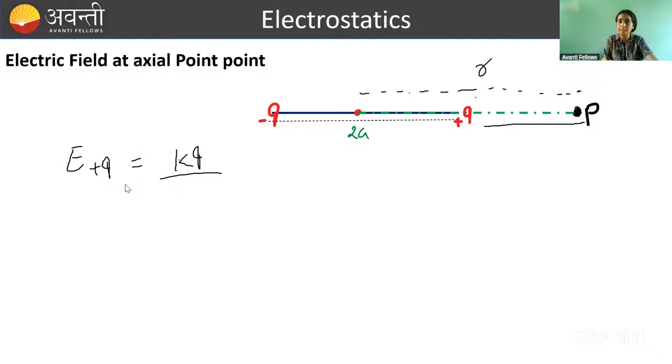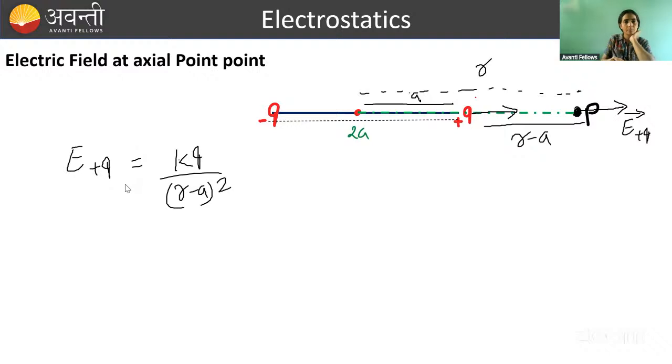Plus q to P is this distance, where this is A and this whole is R, so it will be R minus A. So kq by (R minus A) whole square. And what will be the direction of the electric field at point P because of plus q? From plus q charge, the electric field comes out, so at P the electric field because of plus q will be in this direction.